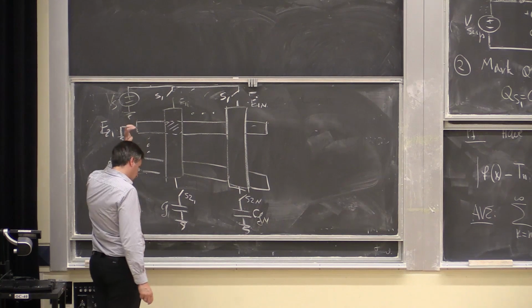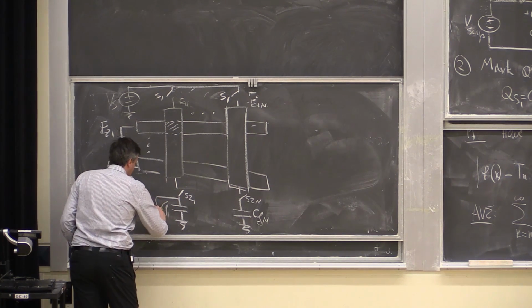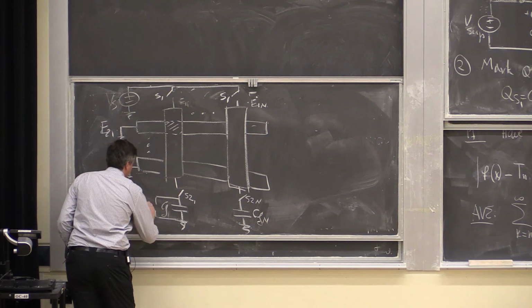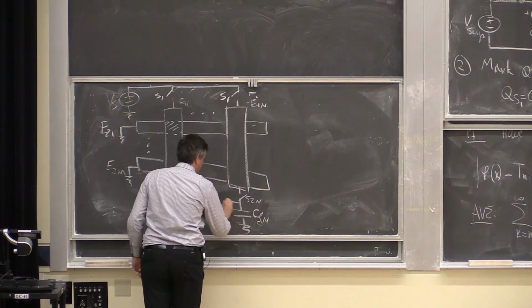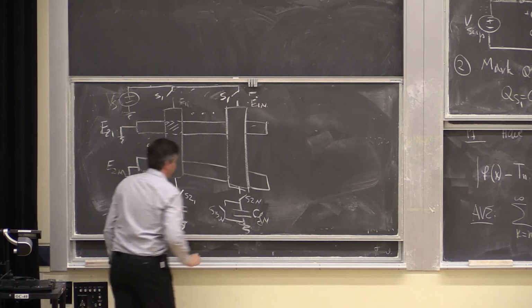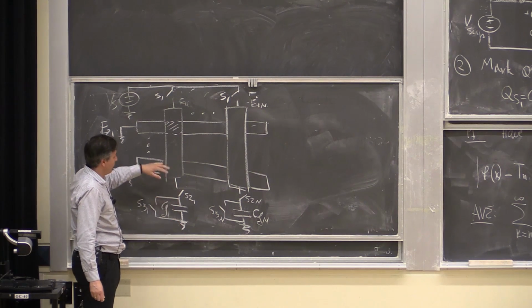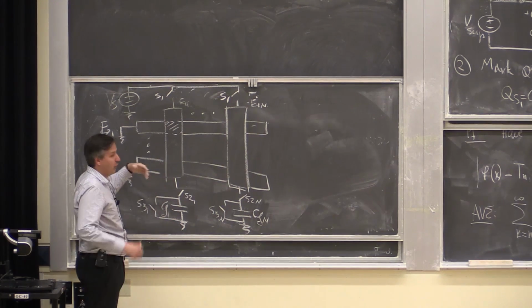And then I'll have also a switch that discharges, so S31 through S3N. Okay? So how does this thing look when we're reading out?